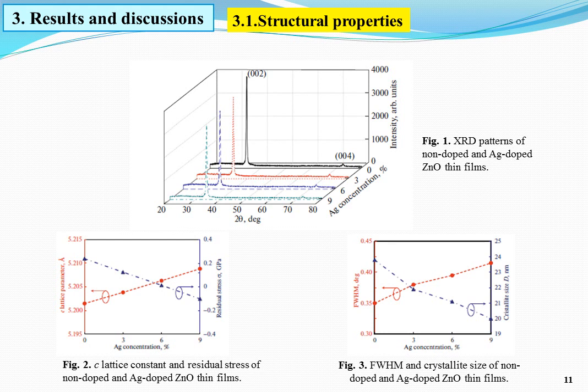Structural results and discussion. Structural properties. X-ray diffraction shows that all the films possess a polycrystalline wurtzite structure with the (002) axis preferential orientation and exhibit a minimum residual stress.